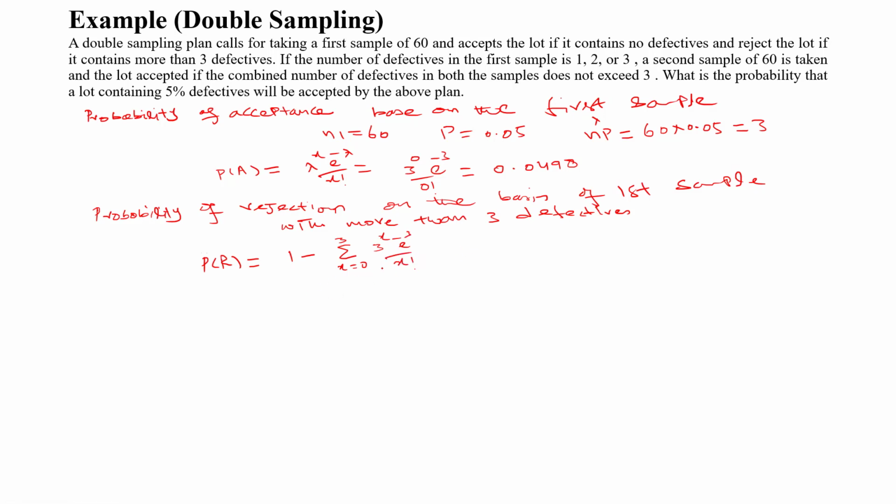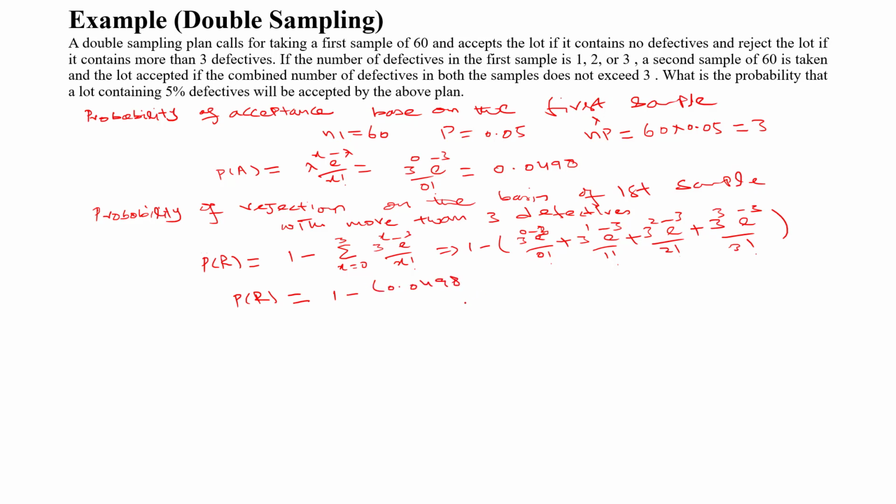When you put the values in, it is 1 minus: 3 to the 0, e to the minus 3, over 0 factorial, plus 3 to the 1, e to the minus 3, over 1 factorial, plus 3 to the 2, e to the minus 3, over 2 factorial, plus 3 to the 3, e to the minus 3, over 3 factorial.